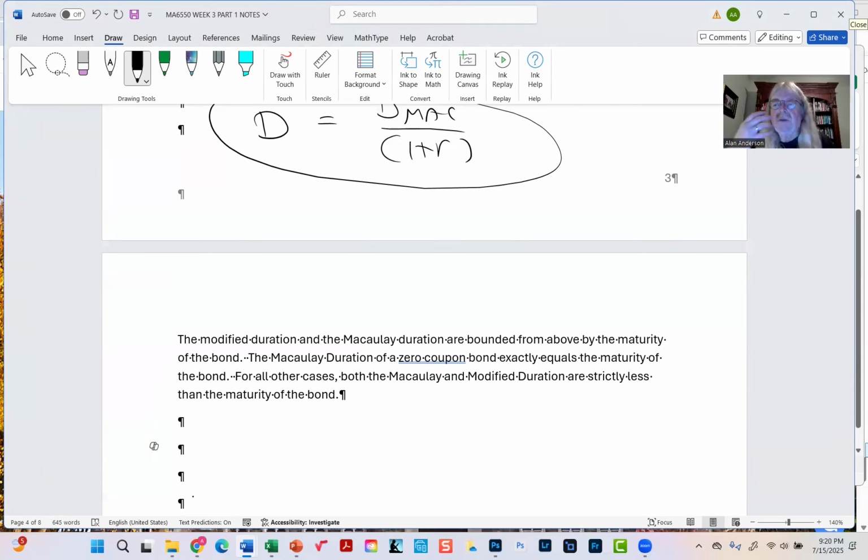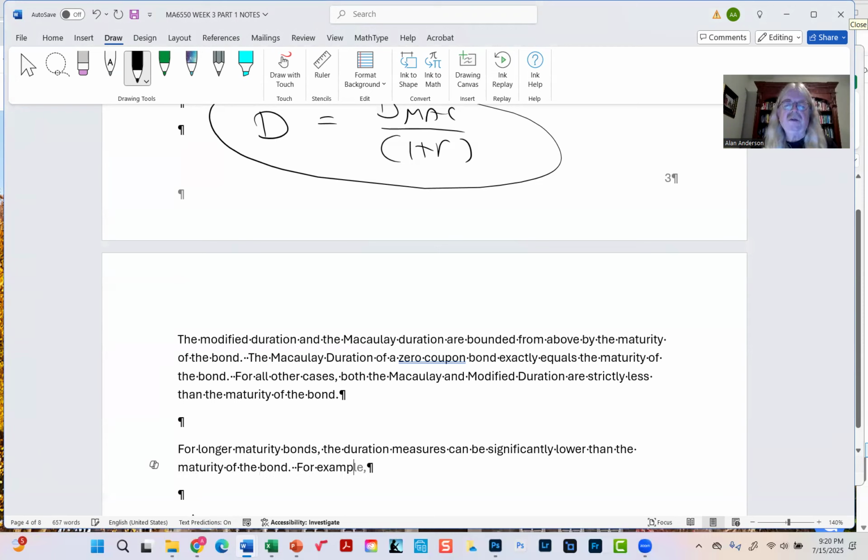Okay, so that way we have a sense of what it's supposed to look like. Now, for longer maturity bonds, the duration measures can be significantly lower than the maturity of the bond.